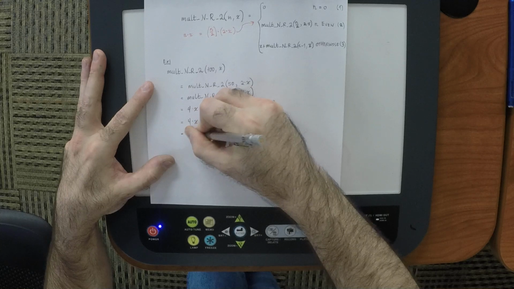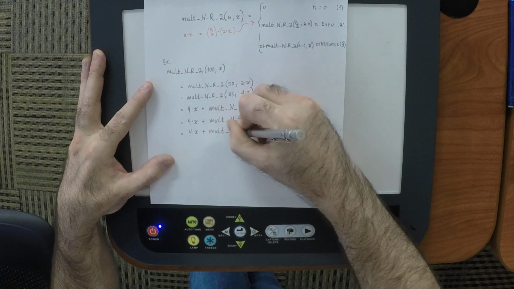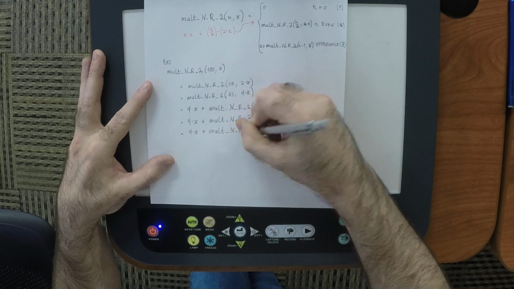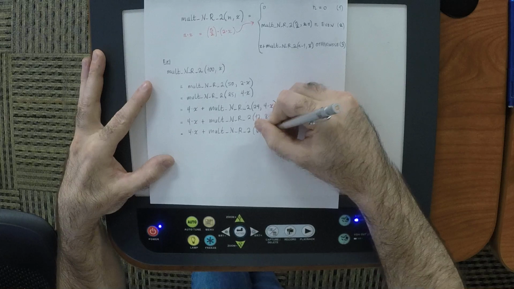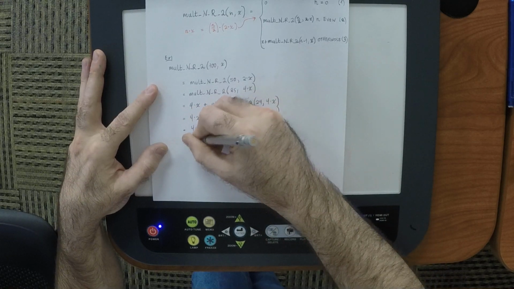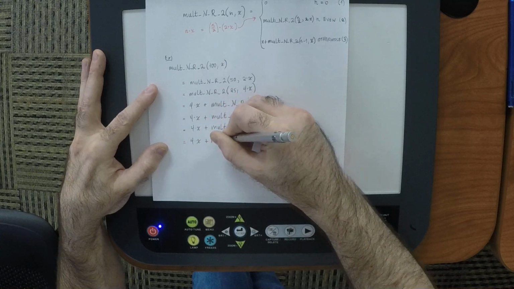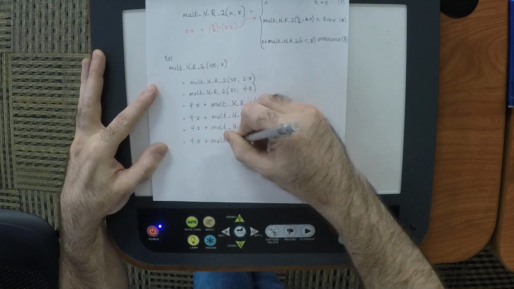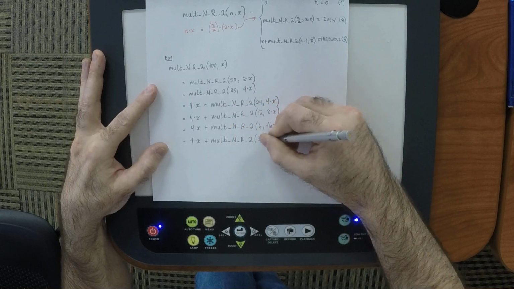So 4x plus mult in R2, again the even clause, so this would be 6 and 16x. 4x mult in R2, 3 and 32x.